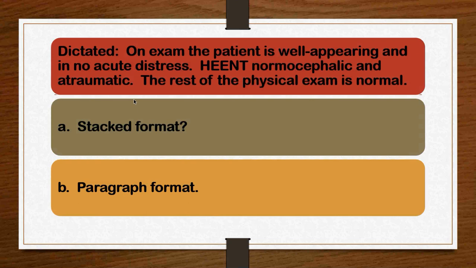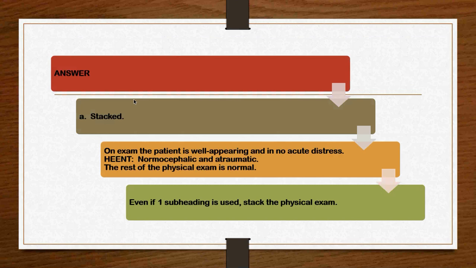Okay, I'm seeing definitely some mixed answers here. Okay, it's A, stacked. So our account specifics say that even if one subheading is used, you have to stack the physical exam. So HENT, normocephalic, and atraumatic, there is no verb in between there, and you have to make that a subheading. I mean, yes, a subheading. I can't talk today. And so you would stack it.